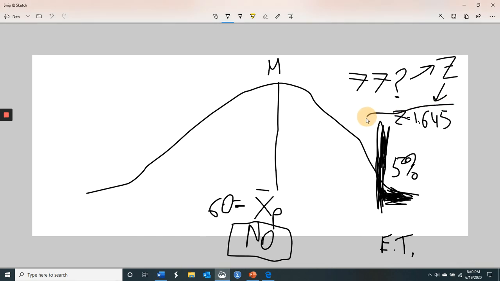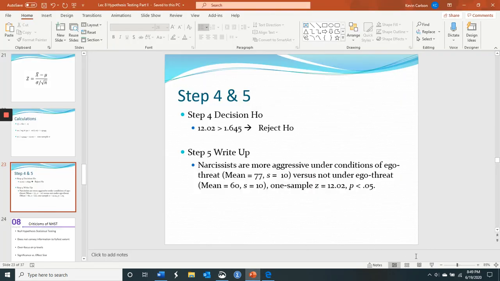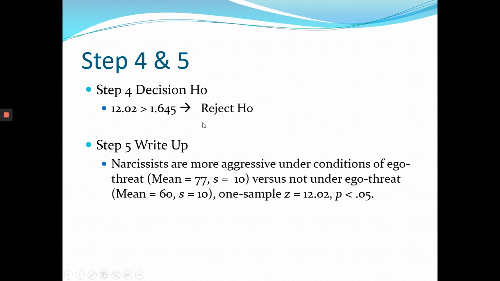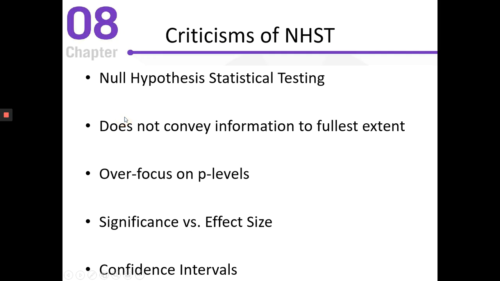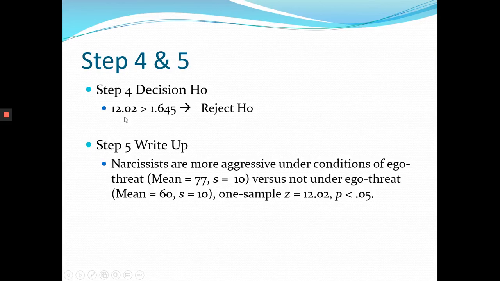Our critical value for our z was 1.645. So that's always going to be for our one sample z. The 1.645 is always going to be there. So what we calculated from our data, that z, is greater than that little line thing that we drew, our critical value of 1.645. So we reject the H0.